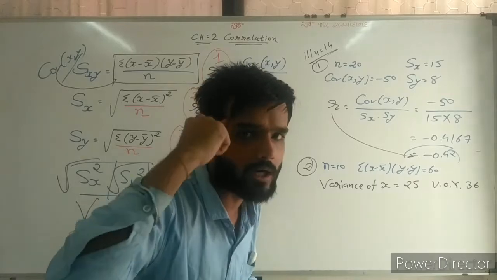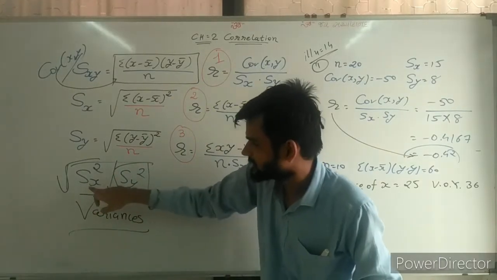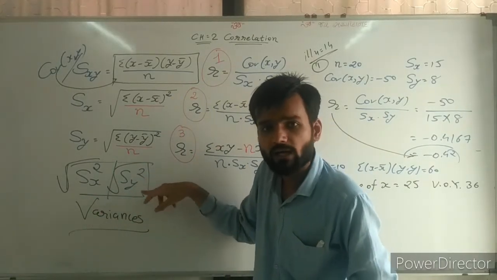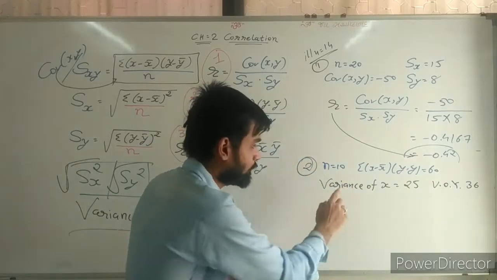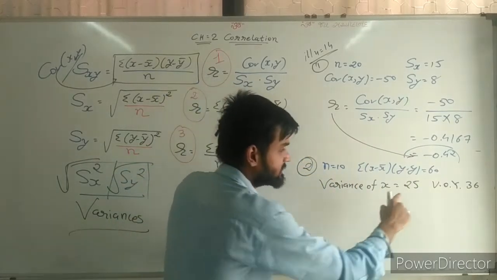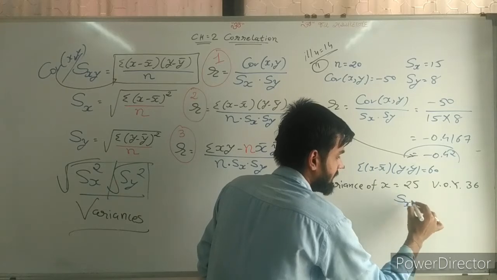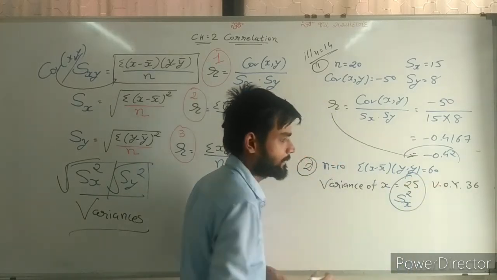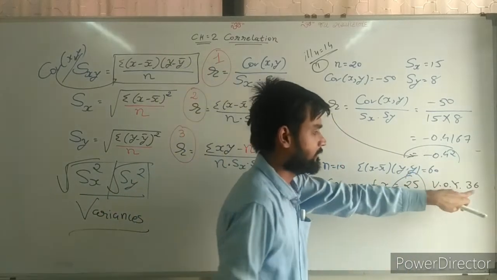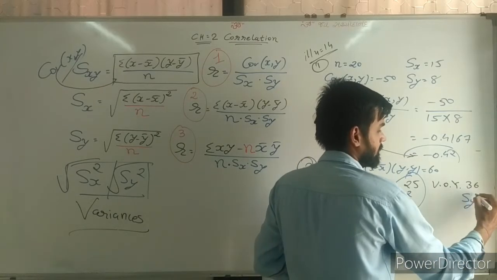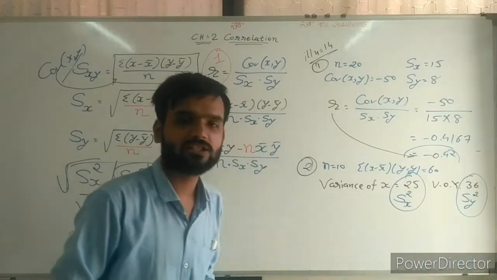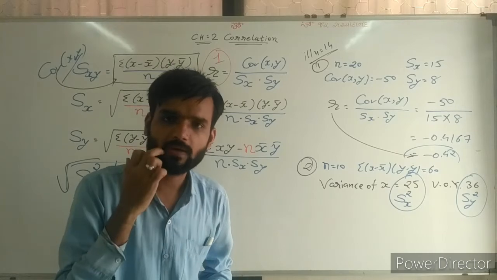Now try to remember, sir: variance means sx square and sy square. Variance of x is the value of sx square, and in the same way variance of y is sy square. Simple.